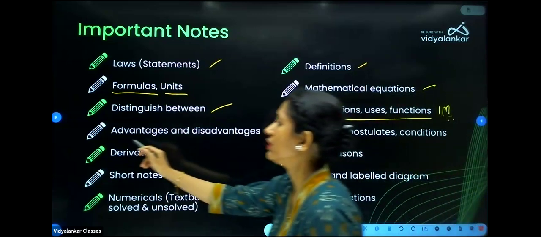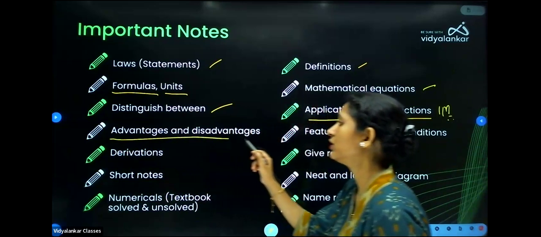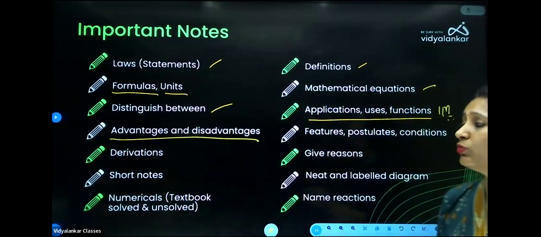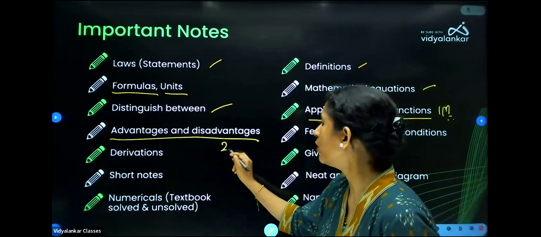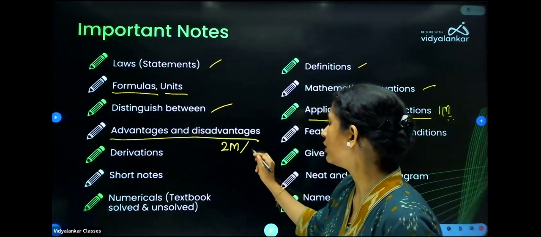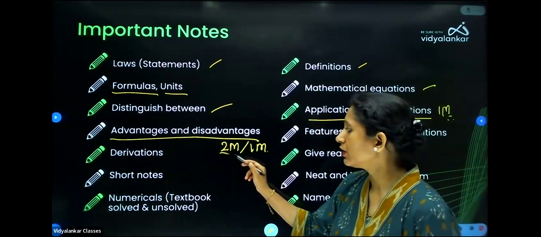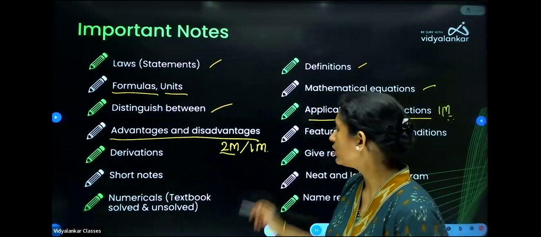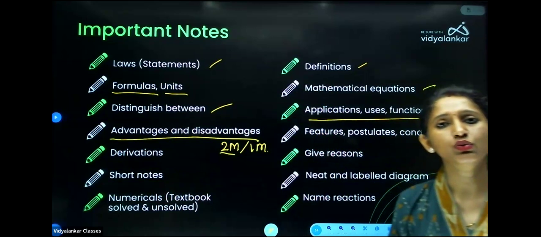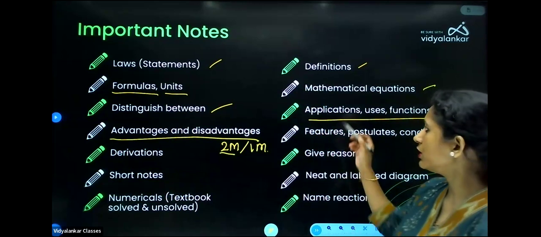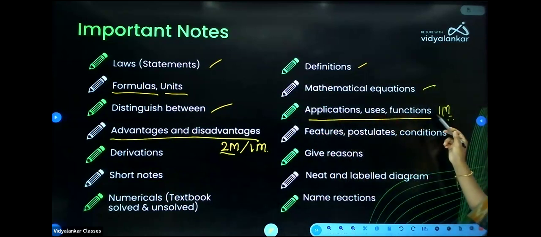Then advantages and disadvantages, very much important again. This type of question you may get asked for 2 marks, either for 1 mark. If you are asked for 2 mark, expected points are 4, and for 1 mark you're expected to write any 2 points. Similar here as well, application uses function.